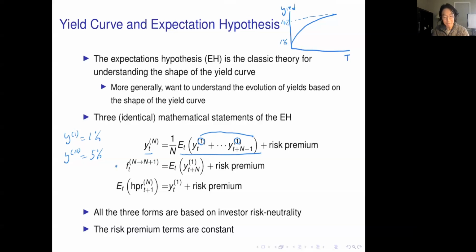You can show that later. What it's saying is basically the forward rate is an unbiased predictor, if you ignore the risk premium. The forward rate is the predictor for the future 1-year rate N years after. In other words, the forward rate that's going to apply from N years after to N plus 1 years after is going to be the expected value of the 1-year interest rate N years after.